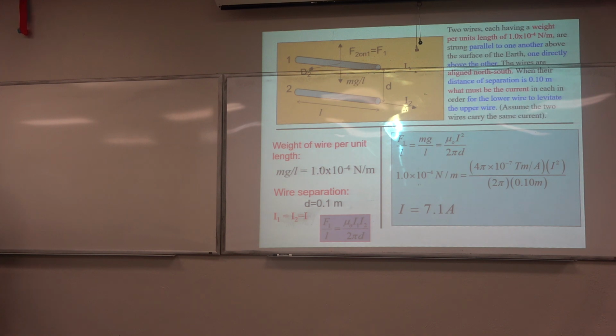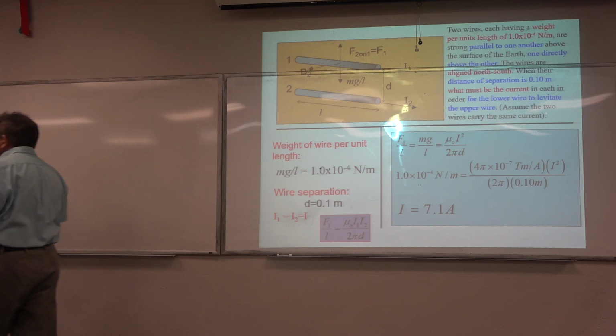The wires are aligned north to south, and when their distance of separation is 0.1 meter, what must be the current in each of the wires in order for the lower wire to levitate with the upper wire?